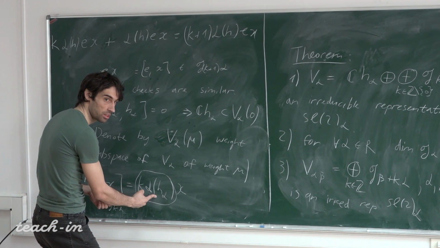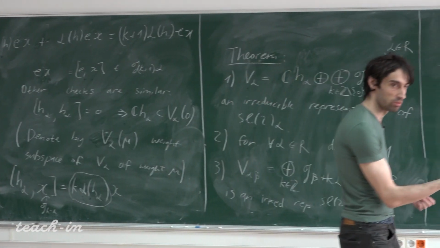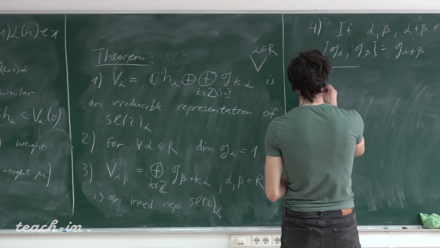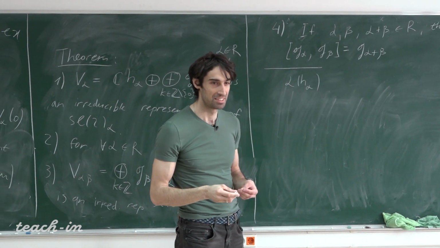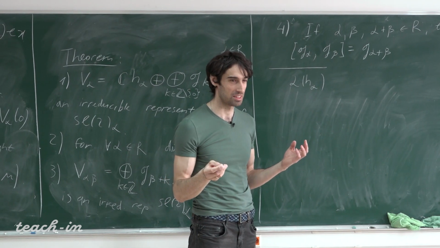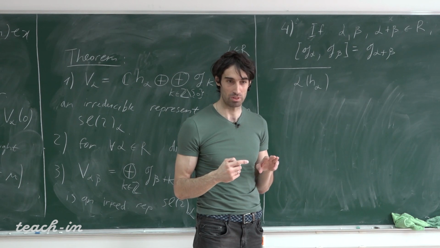We can see right away. Just remember the definition of H alpha. So alpha of H alpha. I think we computed it also when we checked the commutation relations for the triple.